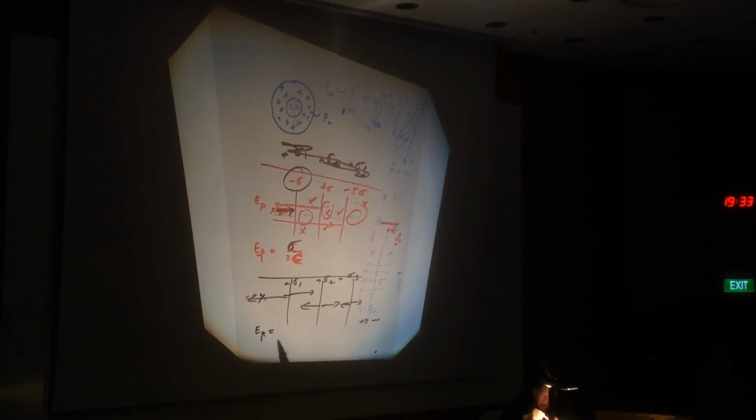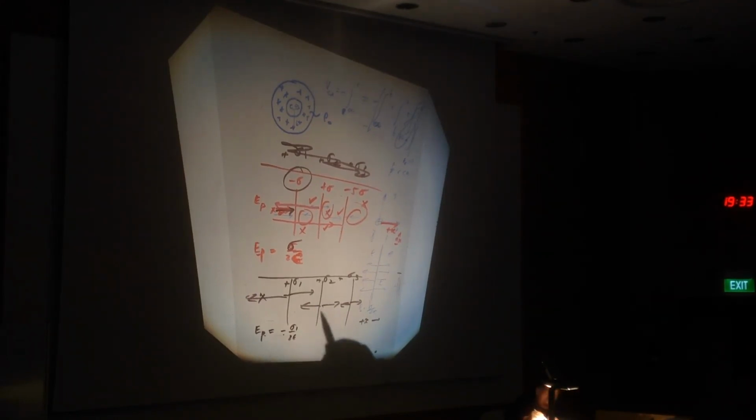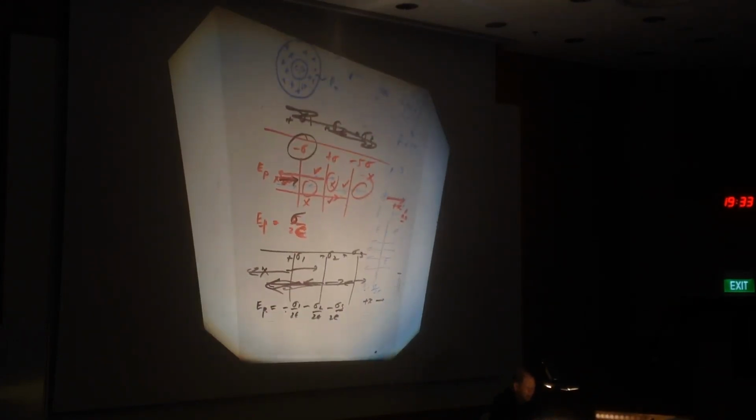E_P is given by minus sigma 1 upon 2 epsilon, assuming plus is this way, so minus X. This one, minus, because this goes right through here, is minus sigma 2 upon 2 epsilon. This one goes right through again, minus sigma 3 upon 2 epsilon.